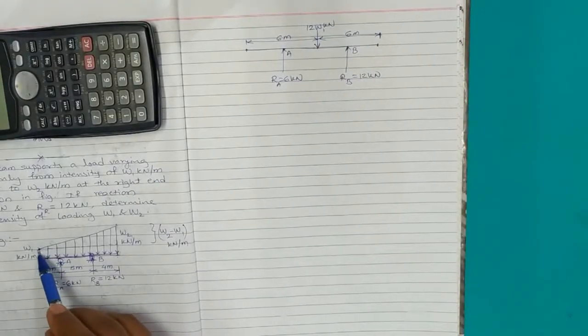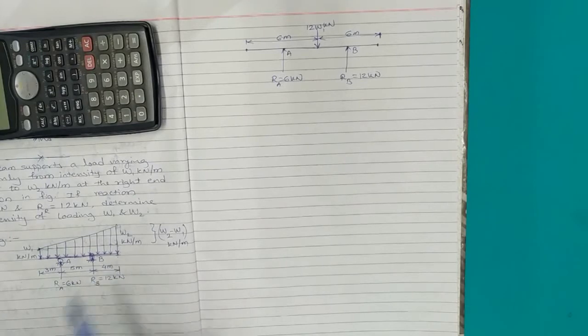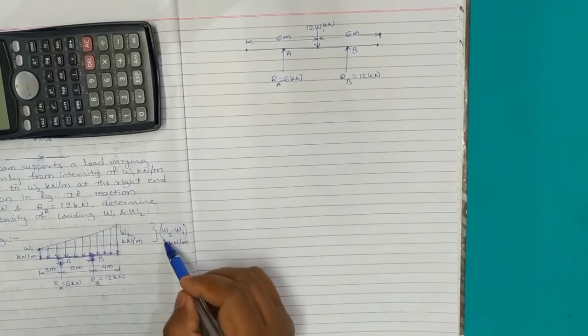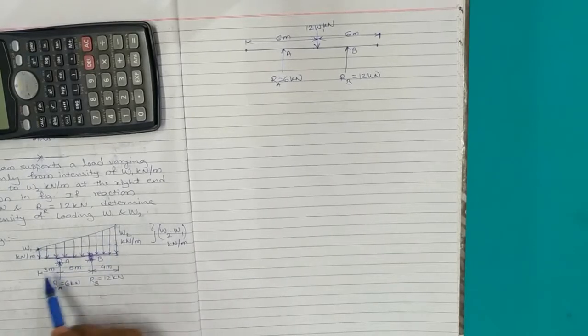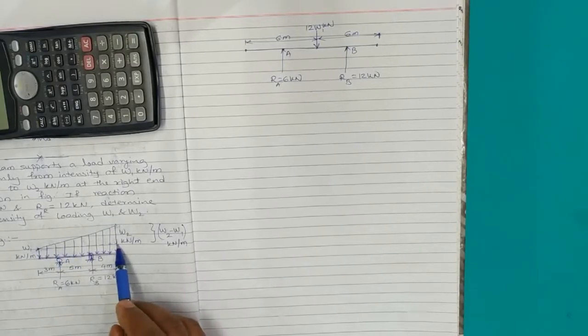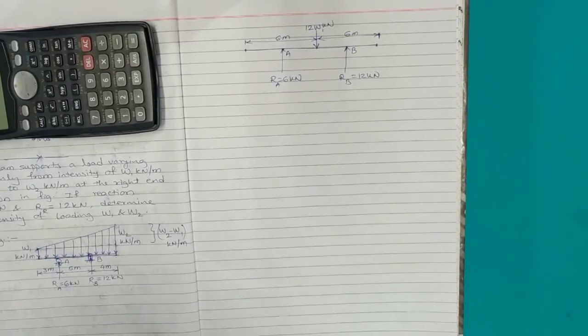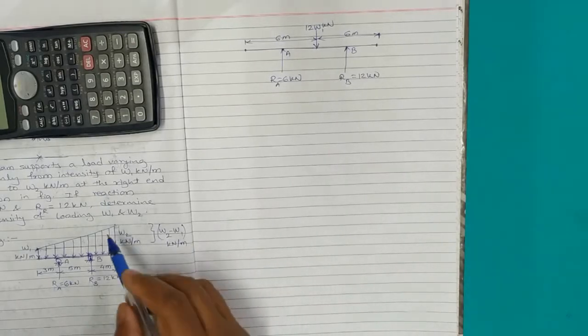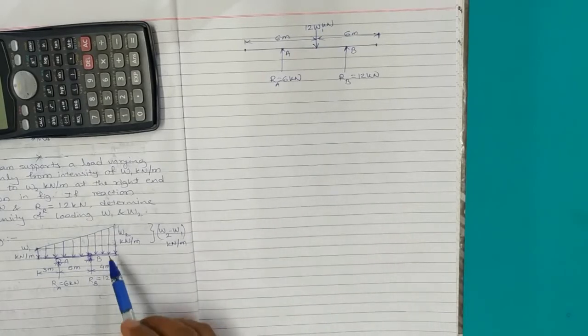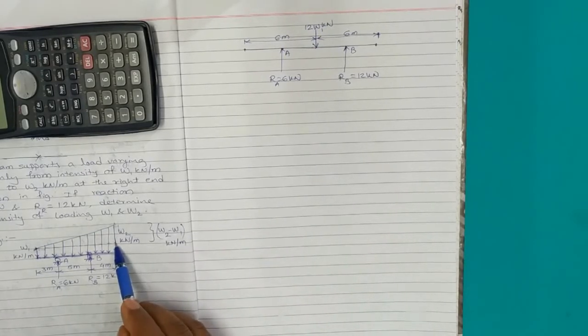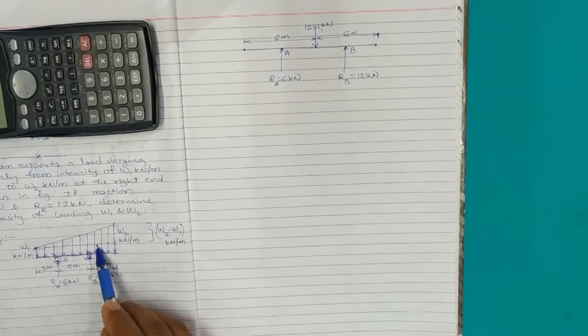Now let's consider the triangle, where height of the triangle we said is W2 minus W1, and the base is nothing but the total span of the beam, 12. We know that when we convert a triangular load into its equivalent point load, the position of the point load has to be located from the right angled edge at the base at position L by 3.